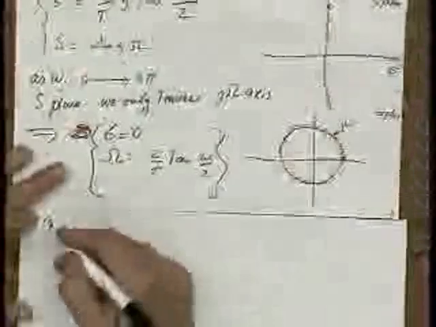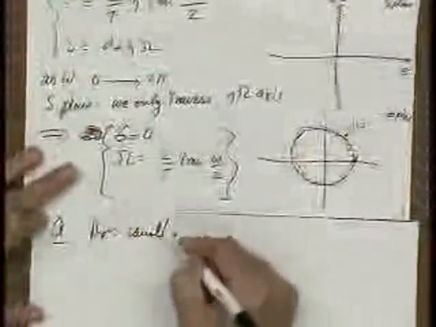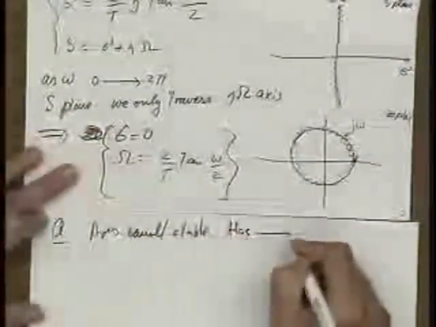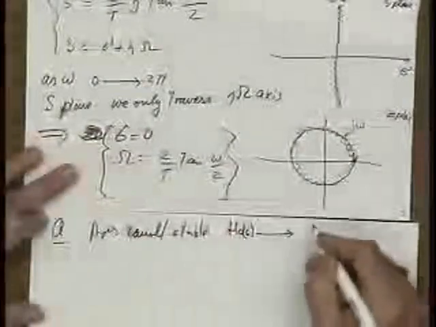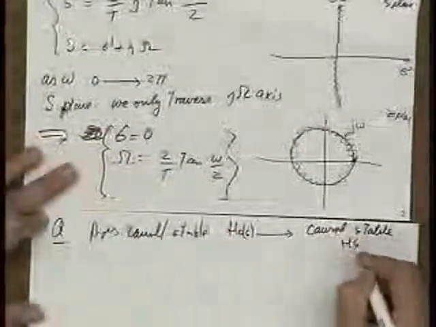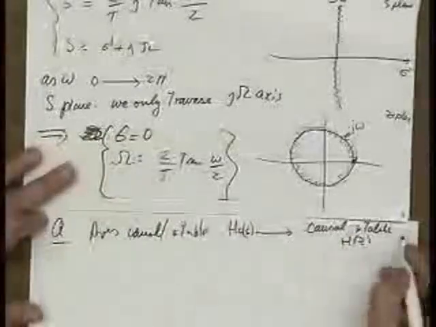So the question is, does a causal stable H sub A of s get transformed into a causal stable H of z? That's the question.